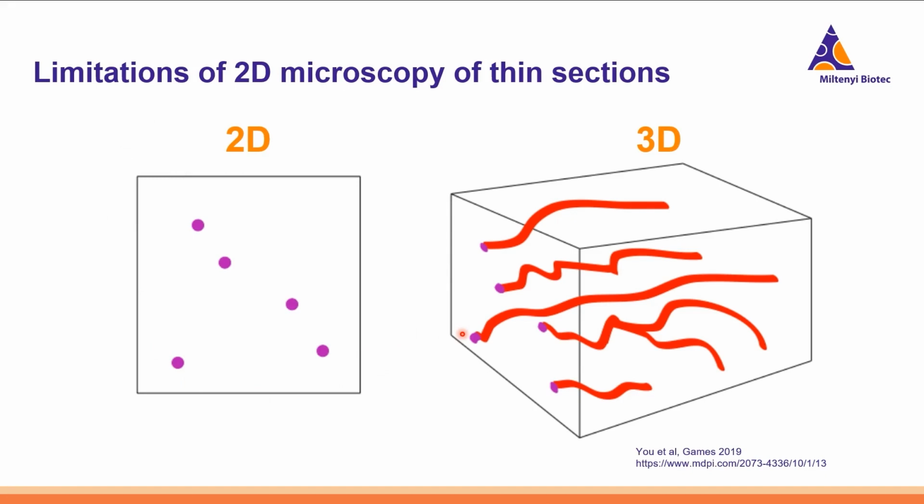What we get is a 2D frontal view of the section only, and we never have a clear understanding of the 3D structure of the whole sample.